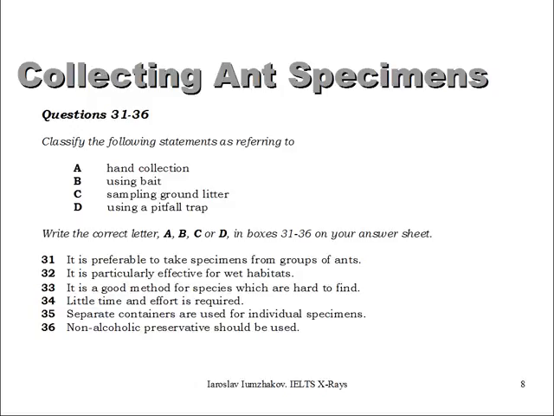It is particularly effective for wet habitats. 33. It is a good method for species which are hard to find. 34. Little time and effort is required. 35. Separate containers are used for individual specimens. And the last one, 36. Non-alcoholic preservative should be used.